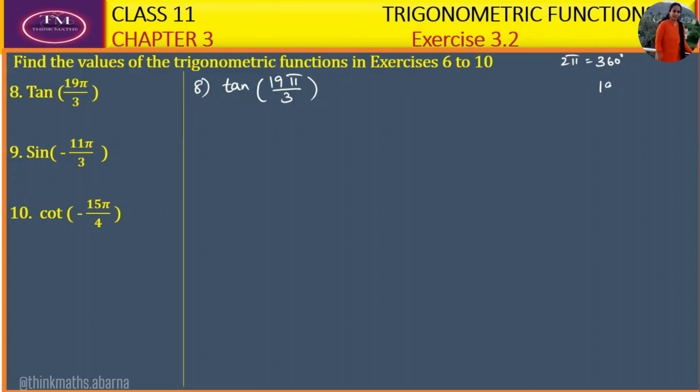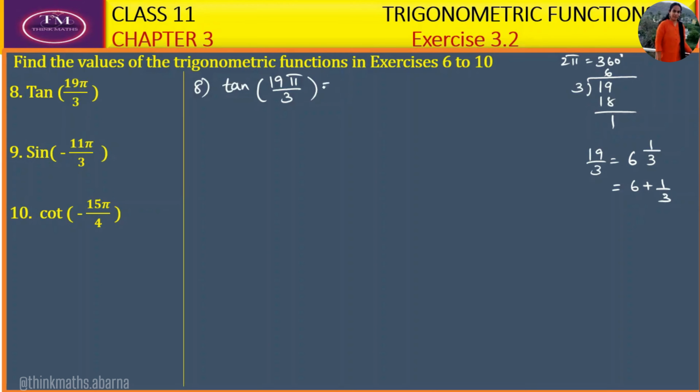So what is 19 by 3? So 6 3s are 18 and the balance is 1. So 19 by 3 can be written as 6 and 1 by 3. So this is an even number, so we can keep it as such. So it is nothing but 6 plus 1 by 3. So 19 pi by 3 can be written as 6 pi plus 1 by 3 pi.